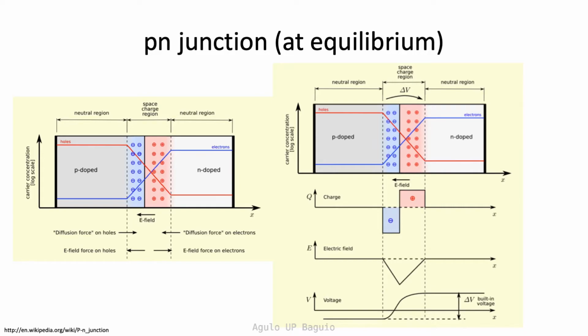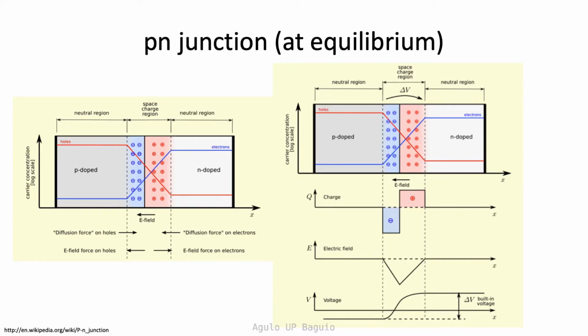In order for them to combine, they have to overcome that small physical barrier, which would require some energy to do so. Thus, in equilibrium, there is a charge separation in that region. This is called the space charge region, or in some references, the depletion region. The separation of charges creates an electric field pointing from the positive charge to the negative charge.